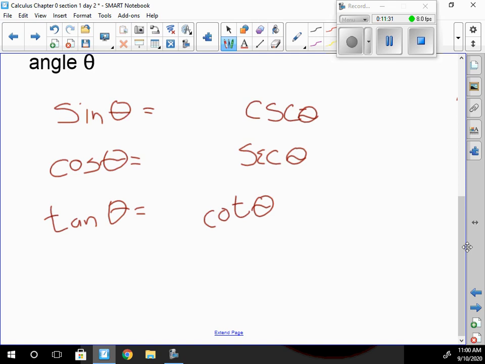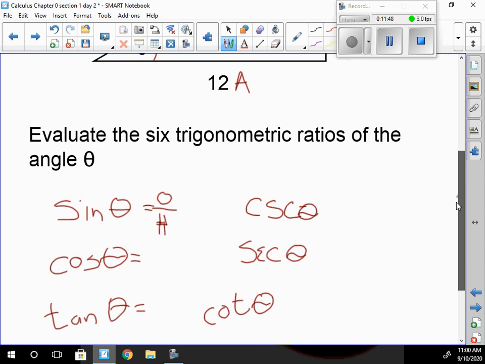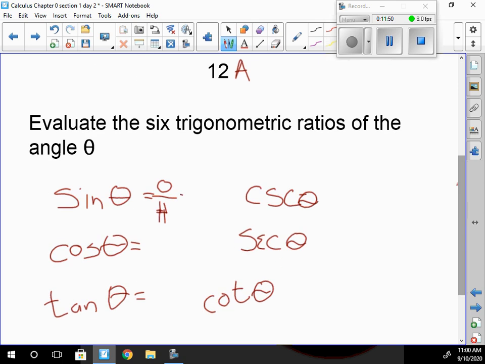Okay, now I'm just doing what I know. Opposite over hypotenuse is sine. Tragic. That H is horrible. So that's 5 over 13, because 5 is the opposite.